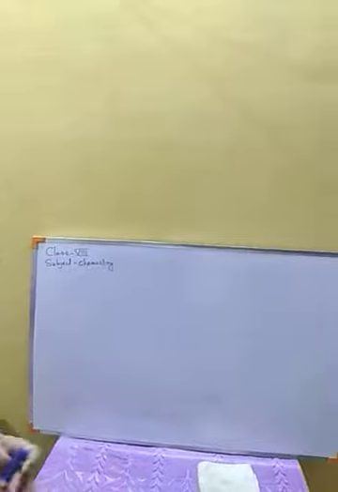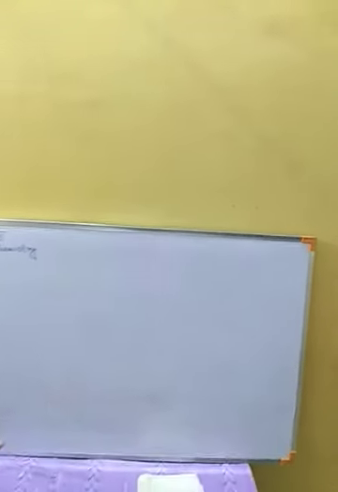As we were discussing the types of chemical reactions, we have already discussed decomposition reaction. We have already discussed the types of reactions. The first one was combination reaction or synthesis reaction. There, one experiment we have done.